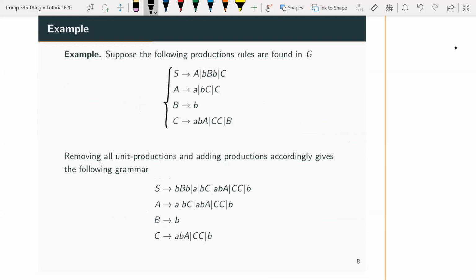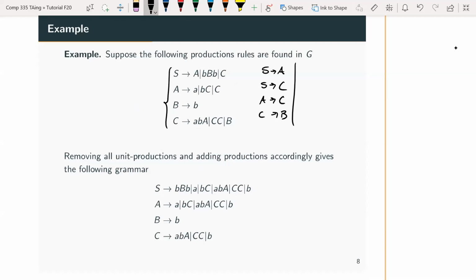Well, first of all, we can look at the obvious ones. So there's S gives you A, S gives you C, and there's also A gives you C, and there's also C gives you B, right? So these are the super obvious ones. I hope I'm not missing any. No, it doesn't look like it.